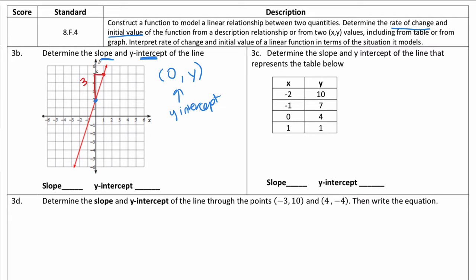So that's a change of 3 for every 1. So the y-intercept is the starting value, and the slope is how much the values are changing between 2 points. So 3 over 1 is the change in y over change in x. That is the slope.